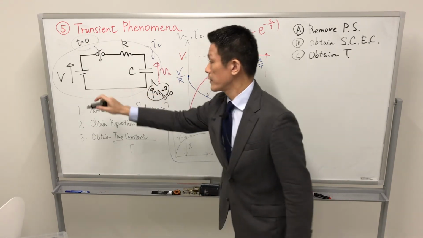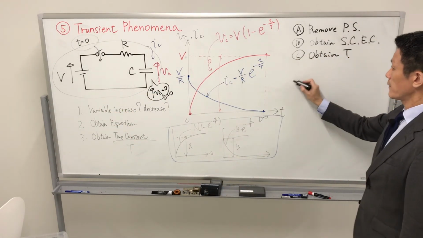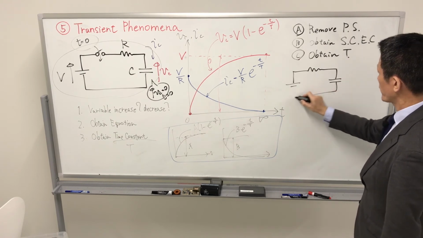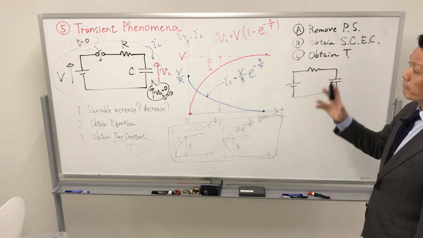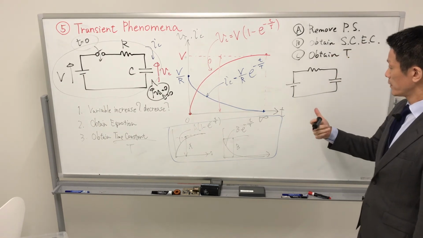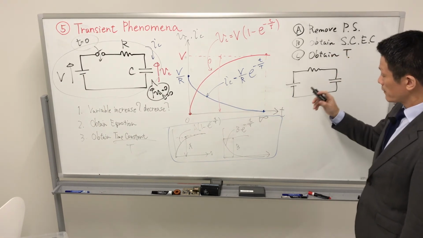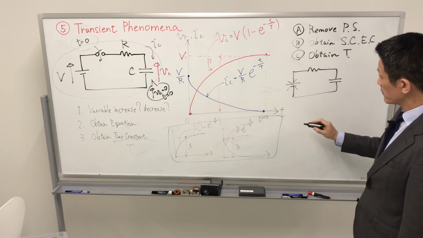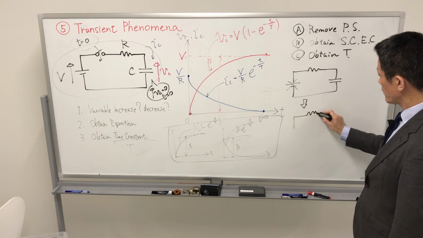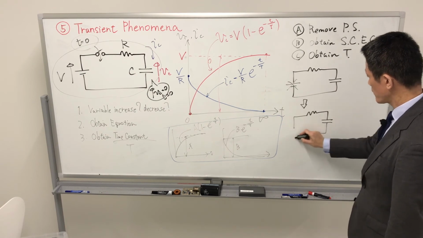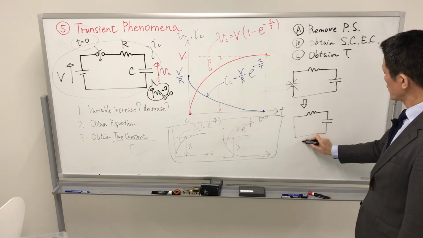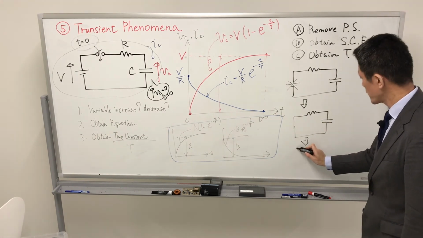Okay? Removing our targets, the first target is this equivalent circuit. The equivalent circuit is here, in the case of the switch turned on. And next, remove this one and obtain the series connection equivalent circuit.